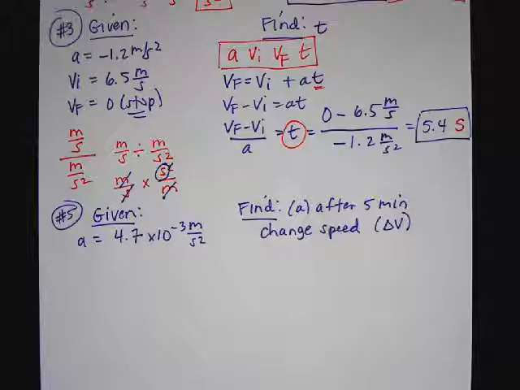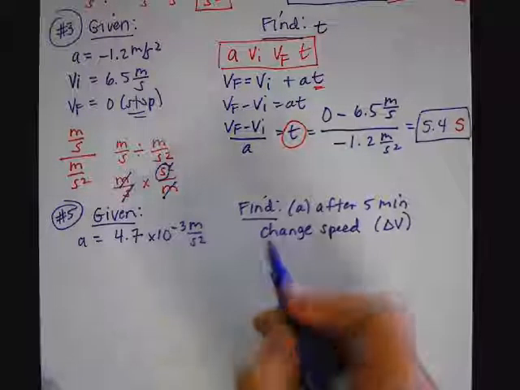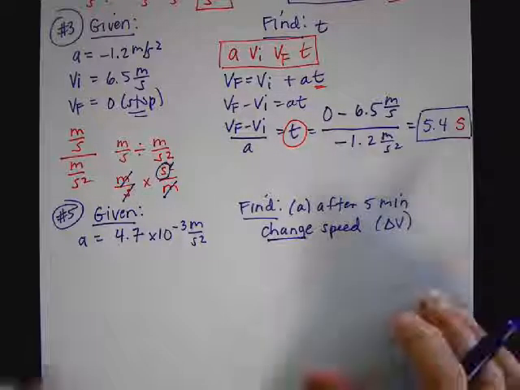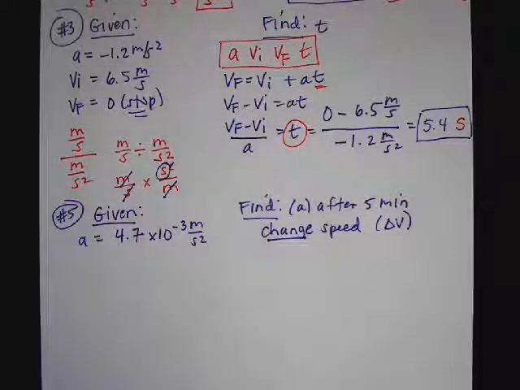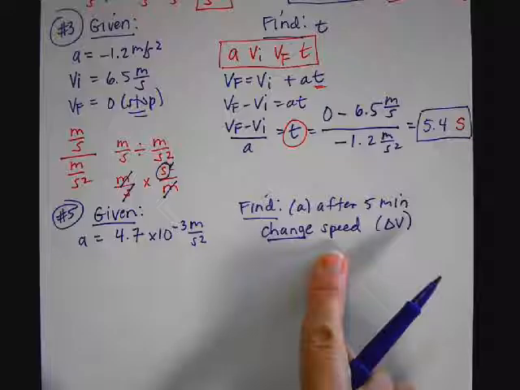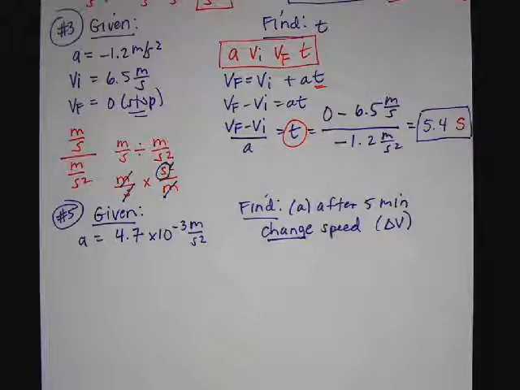Sometimes you try to do stuff in your head, and it's really hard to visualize, because a lot of us are conceptual and we have to see it. So if you just wrote those words, it might help you to say, oh, I want to find delta V.